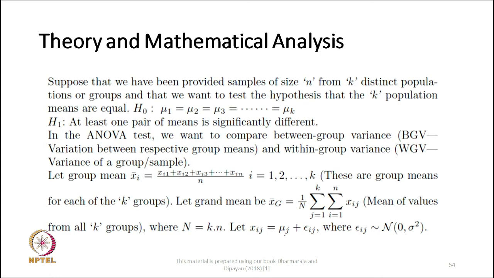So, the theory and mathematical analysis behind ANOVA: we have k distinct populations, and the null hypothesis is that the population means are going to be the same for those k distinct populations, and the alternate hypothesis is that at least one pair of population means is significantly different.